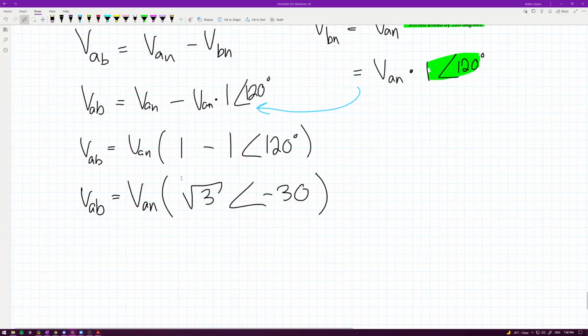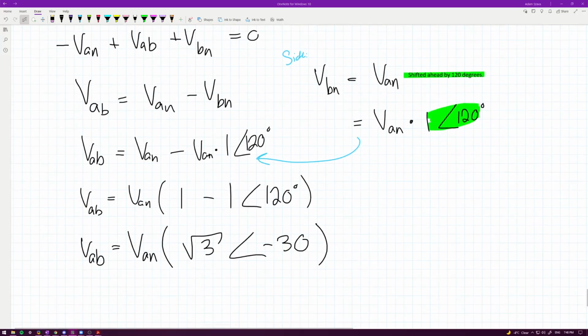Sorry, what was it? They did what? For VAB equal to VAN minus VBN, instead they did VAN minus VNB. I'm not sure if that would make a difference. I don't know. Let me look at my notes here quickly.